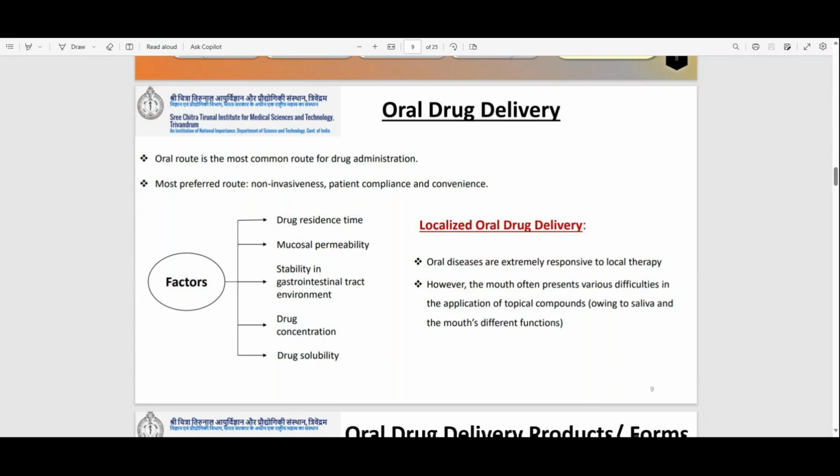Because of that, there are a lot of hurdles when it comes to localized drug delivery and also systemic drug delivery. Here we are concentrating on localized oral drug delivery systems.